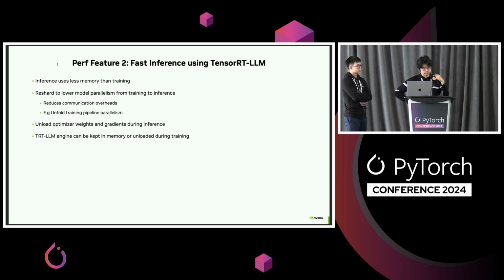And because we're doing training, we don't need the TRT-LLM engine, so we can also unload that during training. So overall, the memory footprint of incorporating TRT-LLM isn't much higher than training. Because we have low memory footprints, and because we inherit really good perf from TRT-LLM, utilizing TRT-LLM for inference really gives us great perf without many downsides.